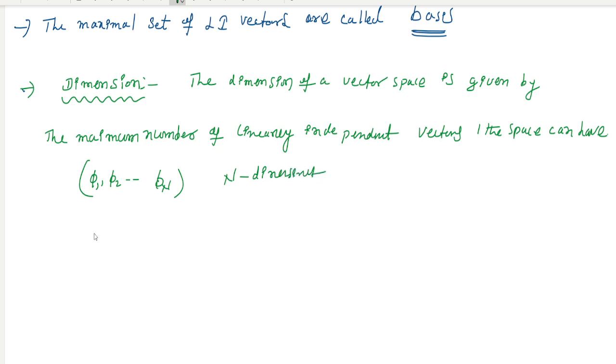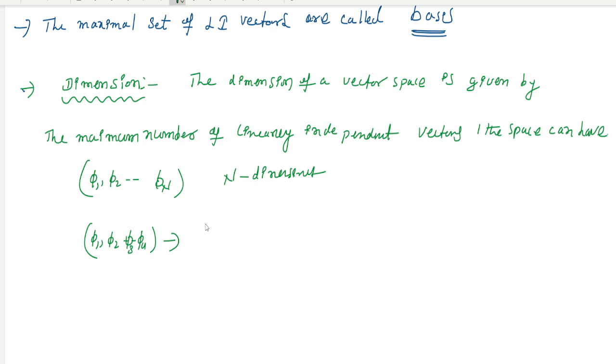If the set of vectors consists of, for example, psi1, psi2, psi3, psi4, then we can call this four-dimensional, or a four-tuple space.